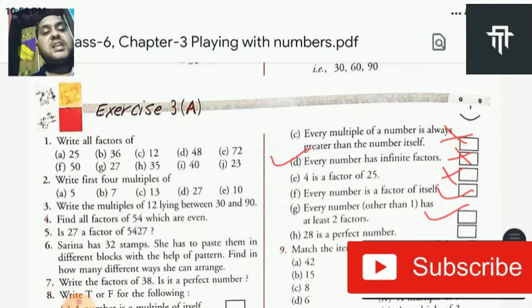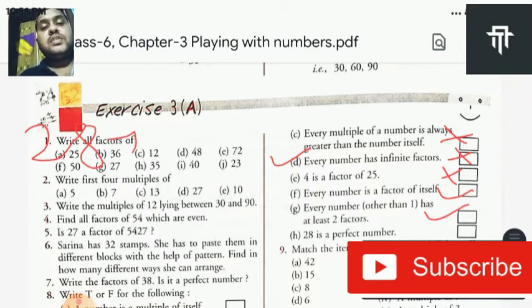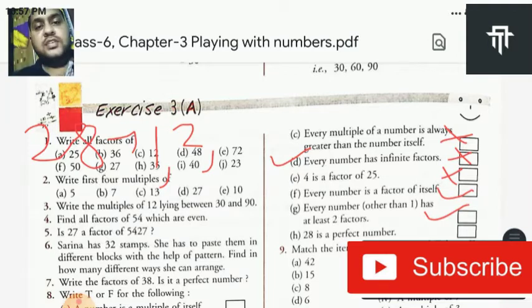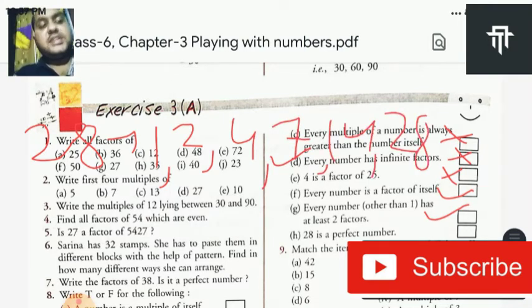28 is a perfect number. We need to find out whether 28 is a perfect number or not. So first of all, find out all the factors: 1, 2, it is not divisible by 3, yes it is divisible by 4, then 7, then 14 and 28.